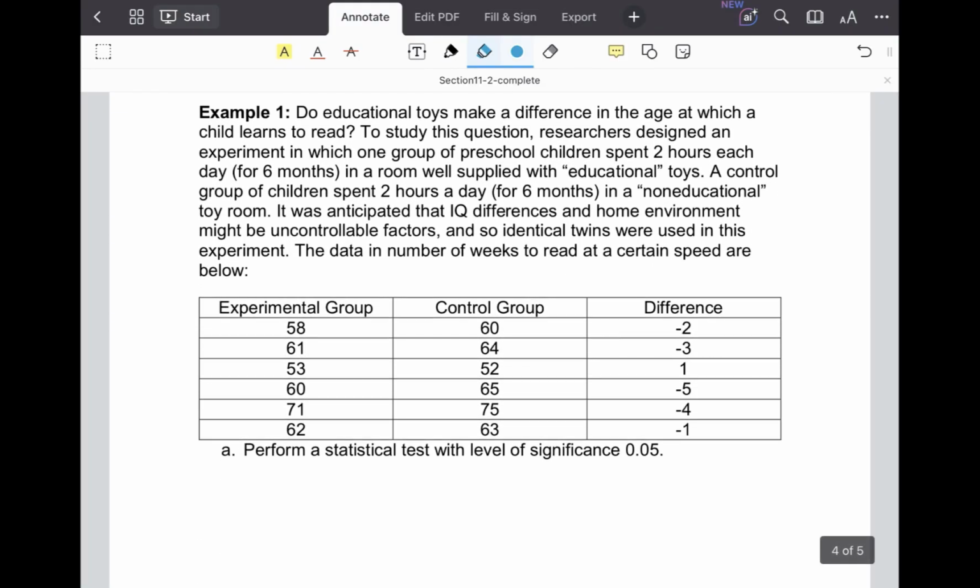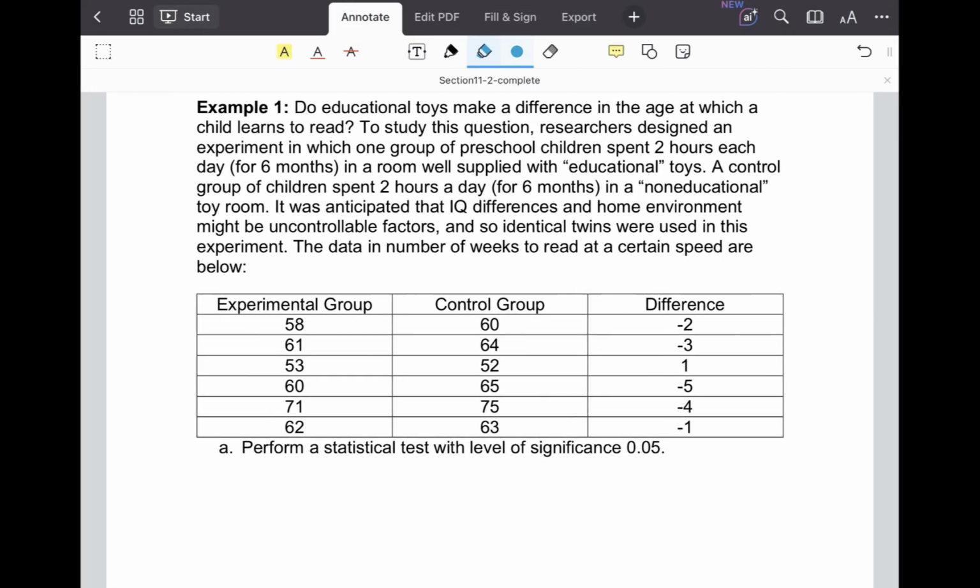Okay, so let's do a couple examples. We're going to do one with data, and then we're going to do one where they give us the statistics. And this first one asks the question, do educational toys make a difference in the age at which a child learns to read?